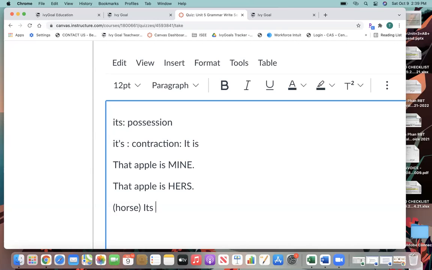Any ideas? Its apple was, what was wrong with its apple?